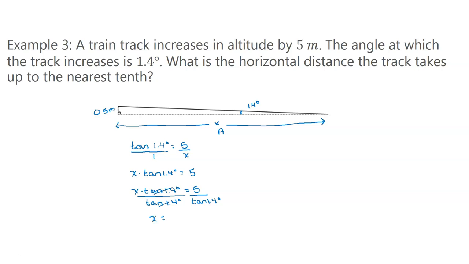And then dividing 5 by tan 1.4 in the calculator, I get 204.6. So we can answer the question by saying that the horizontal distance is 204.6 meters.